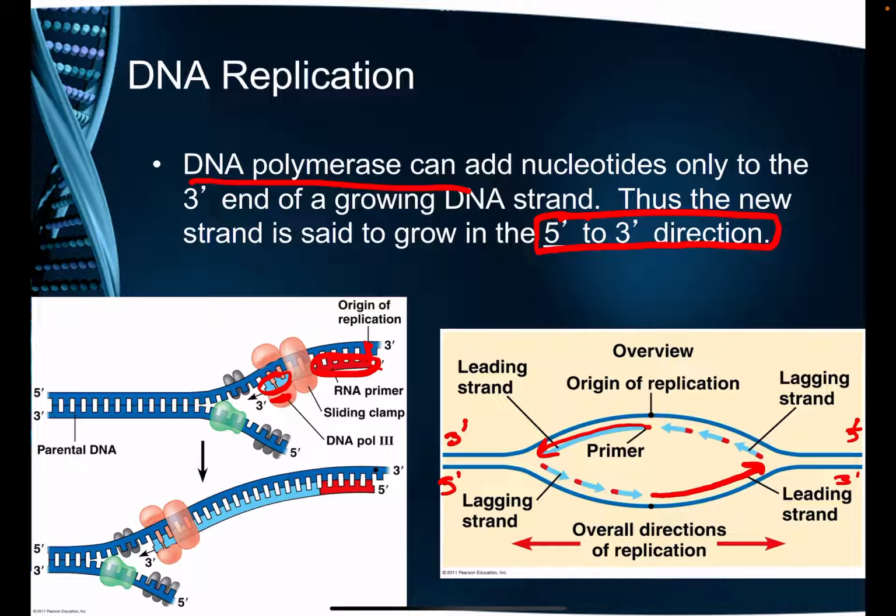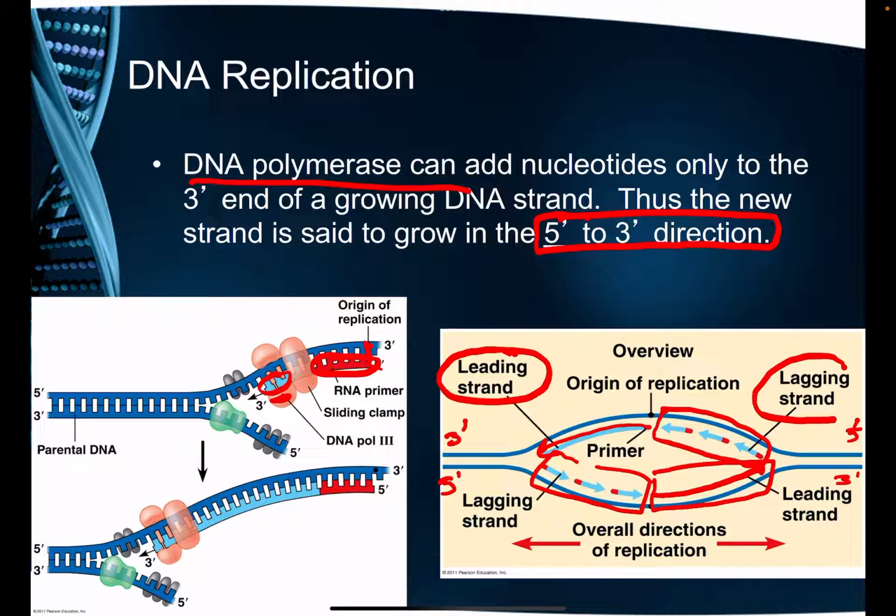Okay, now one thing that you may have noticed in this diagram is how these arrows are several little short arrows, as opposed to this arrow, which is one nice long continuous arrow. Okay, and so the one nice long continuous arrow is called the leading strand. The lagging strand are these short arrows. Okay, notice that they still have that primer that starts them, that RNA primer that is synthesized by that enzyme primase.